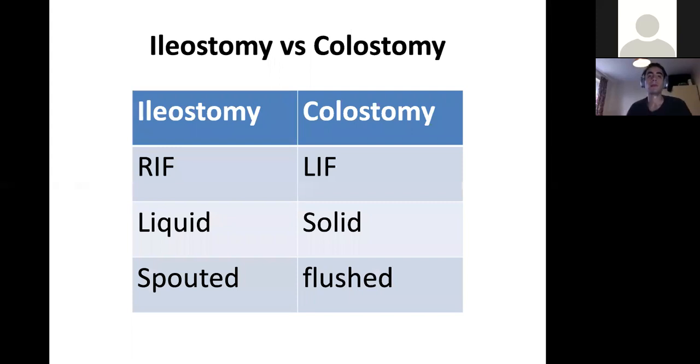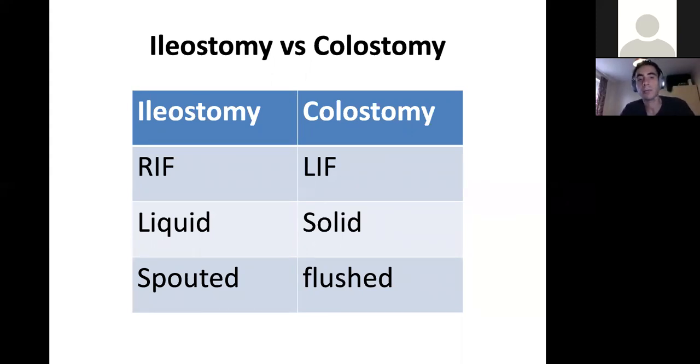So ileostomies tend to be in the right iliac fossa. Colostomies tend to be in the left iliac fossa. Ileostomies have the earlier contents of the stool, so they tend to be more liquid. With colostomies, the stool has already gone through some large bowel, so there's been quite significant absorption of water from the stool, and the contents tend to be more solid than an ileostomy.